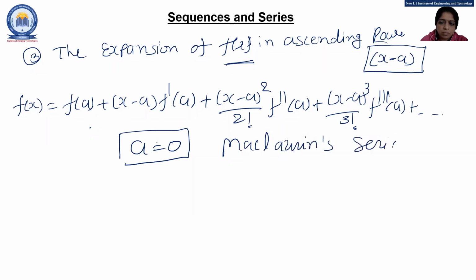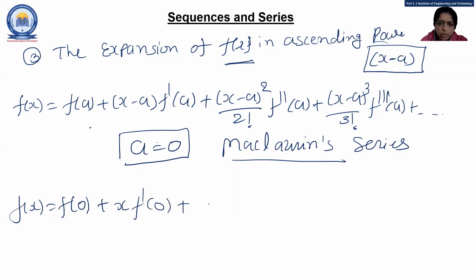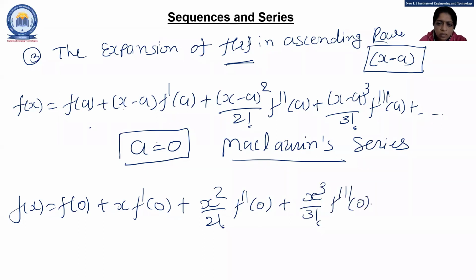So our Maclaurin series is f of x is equal to f of 0, here x minus 0 is just x, f dash 0, plus x square by 2 factorial, f double dash 0, plus x cube by 3 factorial, f triple dash 0, and so on. So students, this a is the center. Here a equal to 0, it means our center is 0 for the expansion of the series, right?